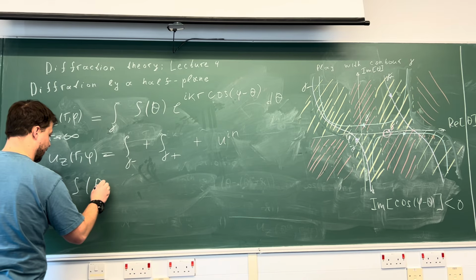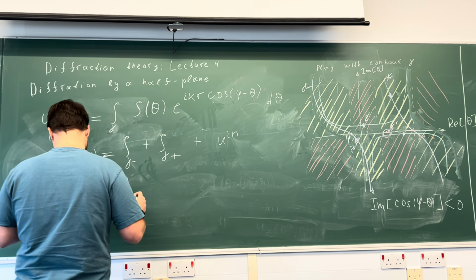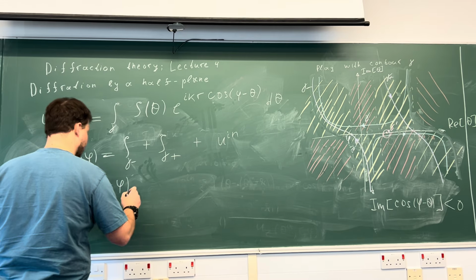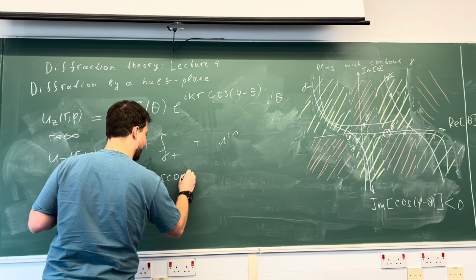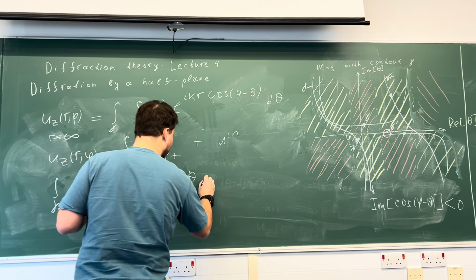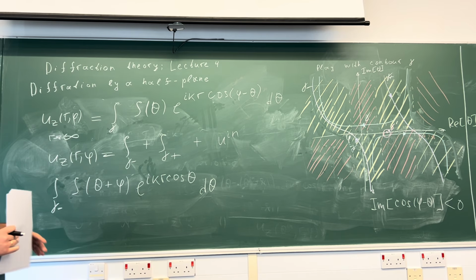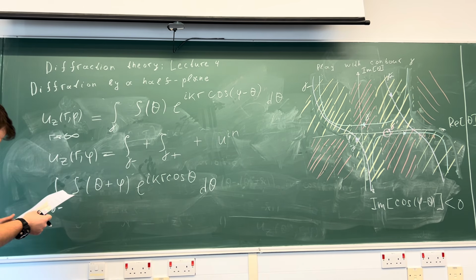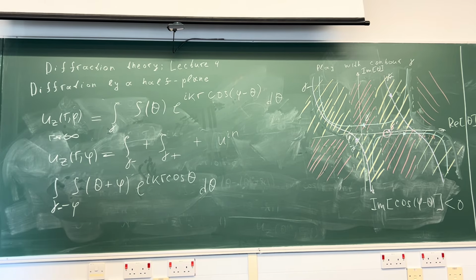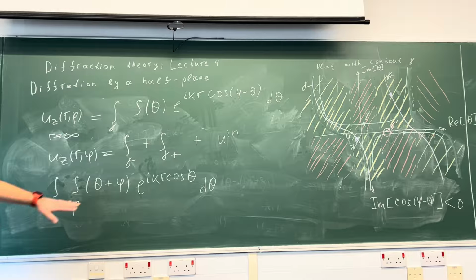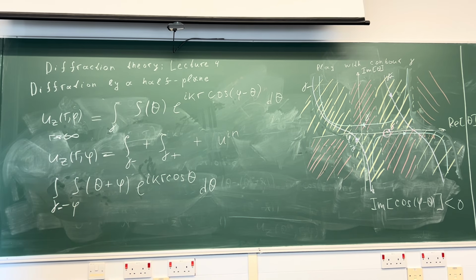For the first term, I will write it like this. Here I shifted my variable of integration. So this is not actually this contour, this is gamma minus phi. So I shifted everything by phi. So now this function is plus phi, and here I took the phi out.